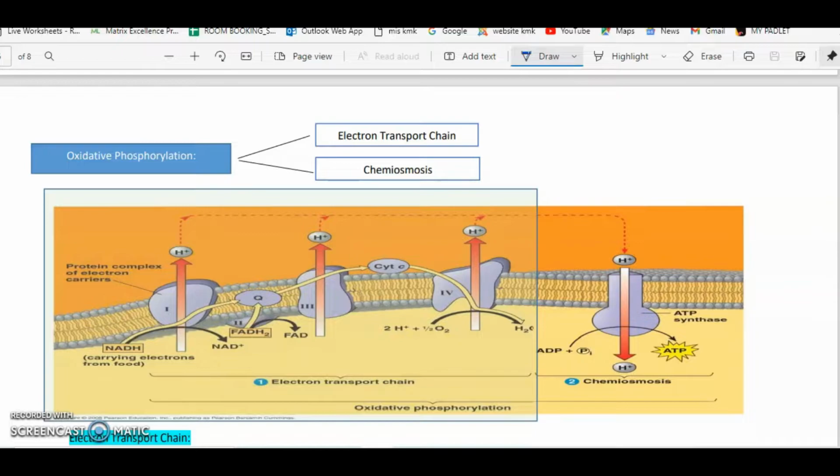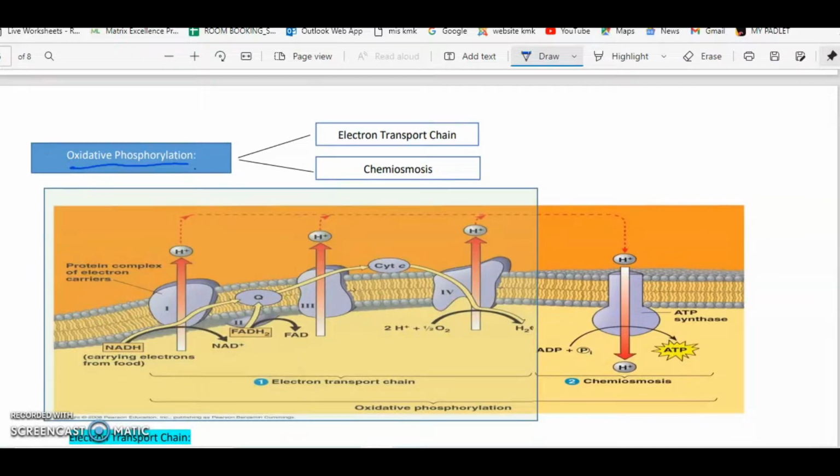The second way is oxidative phosphorylation, which involves two processes. First is the electron transport chain, second is chemiosmosis.